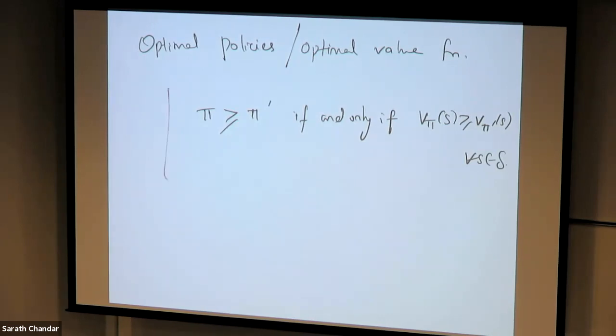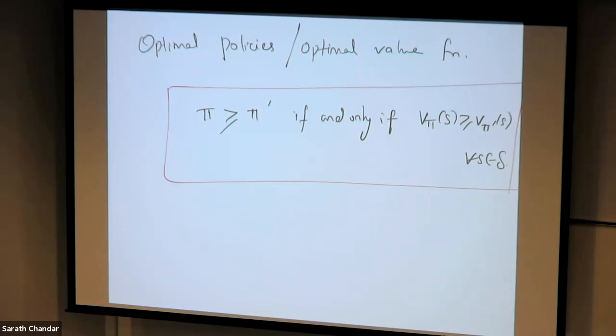Now, this is important. I can have two policies, and let's say there are 10 states. I'm going to compare the value of these states when using both policies. If one policy has a value function at least greater than or equal to the other's, then it is better.